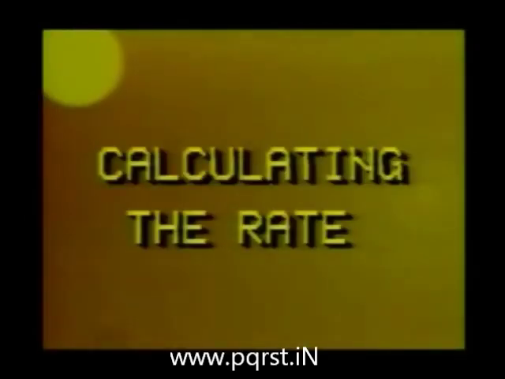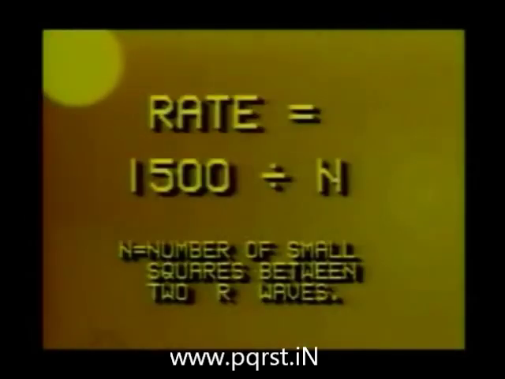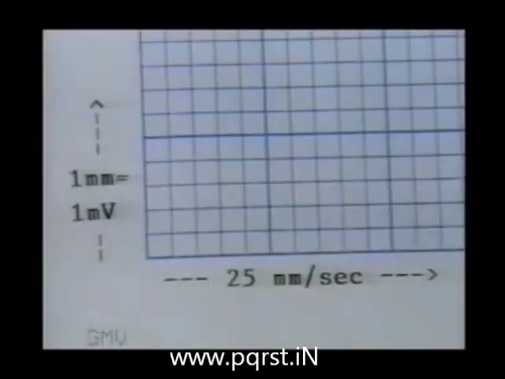Calculation of the heart rate. The heart rate is calculated by measuring the number of small squares between two successive R waves. 1500 divided by this number gives us the heart rate per minute. The standard ECG paper runs at a rate of 25 millimeters per second.